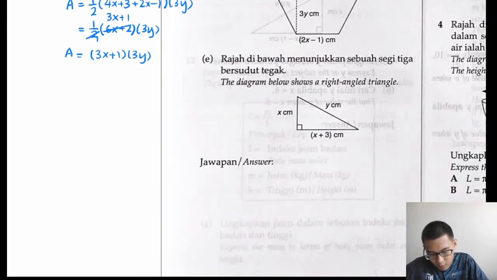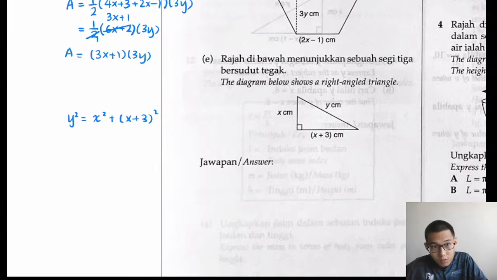Okay, so this one is a right-angled triangle. So this one uses Pythagoras' theorem, where y squared is equal to x squared plus x plus 3, squared.